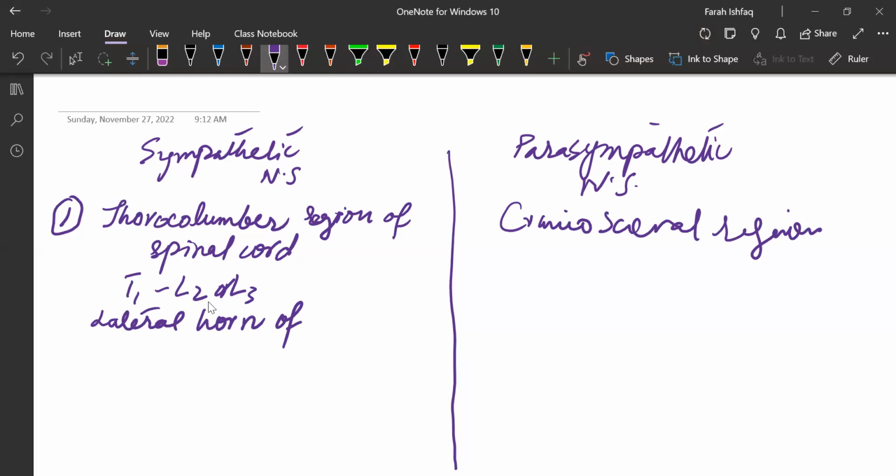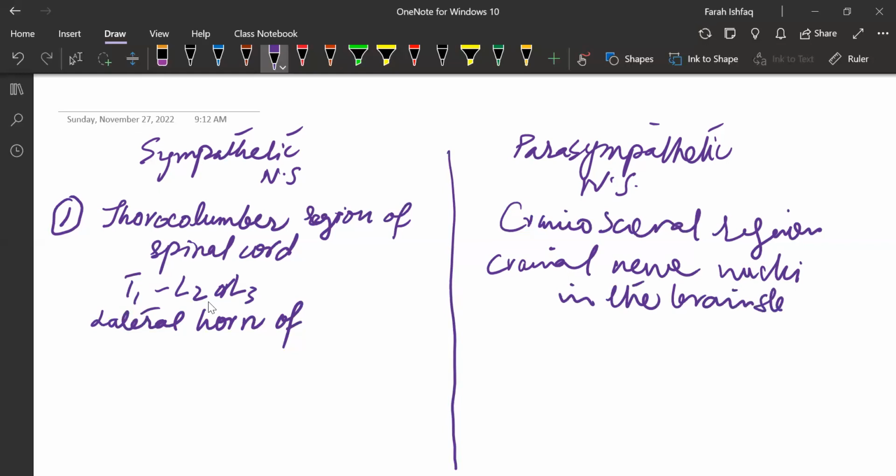Cranial means the cranial nerve nuclei in the brainstem, and sacral is from the S2 to S4 segments of the spinal cord.